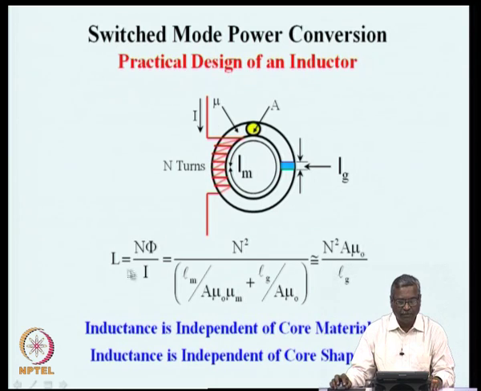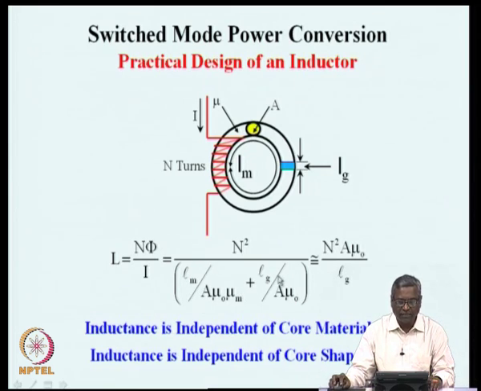non-idealities. For example, we had seen that the design consists of an approximation where we assumed that the reluctance of the magnetic path is negligible compared to the reluctance of the gap. This will be true if the reluctance of the gap is really large compared to this. The inductance is independent of the core material, we had said, mainly because this is negligible.